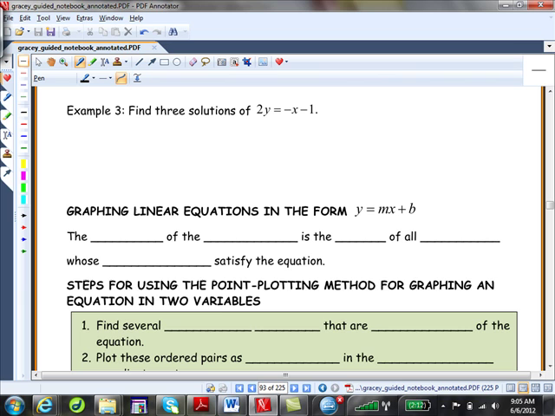Okay, now this is how we go about graphing lines. So the prior example was we wanted to figure out if those ordered pairs were located on the line. Now, we can find ordered pairs and use those ordered pairs to graph the line.